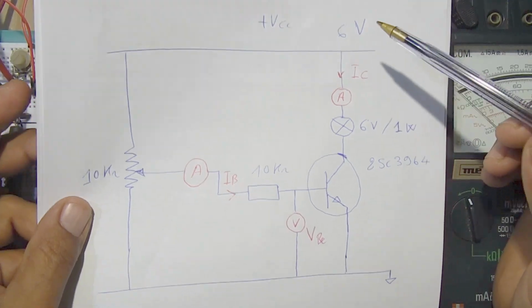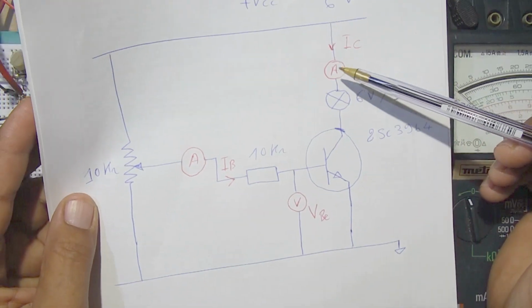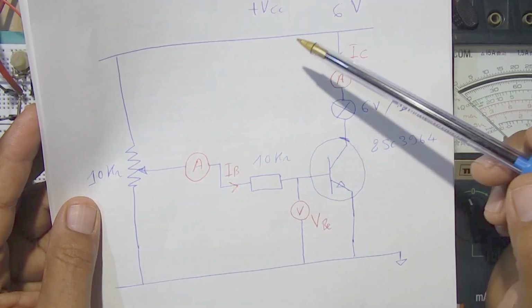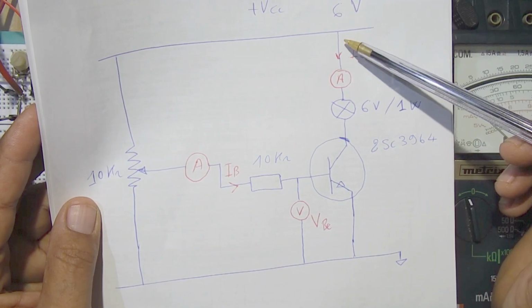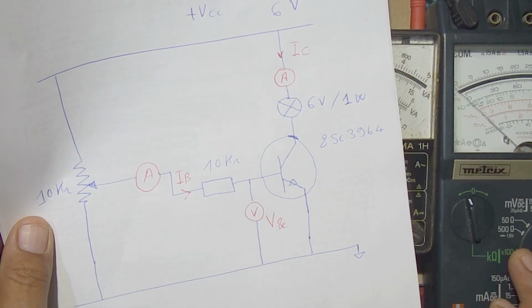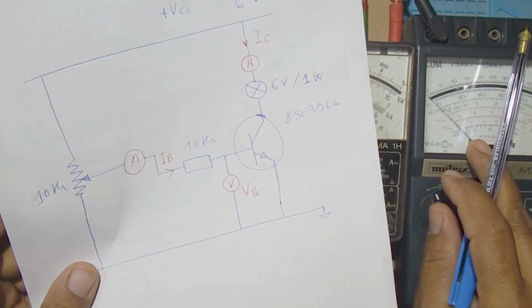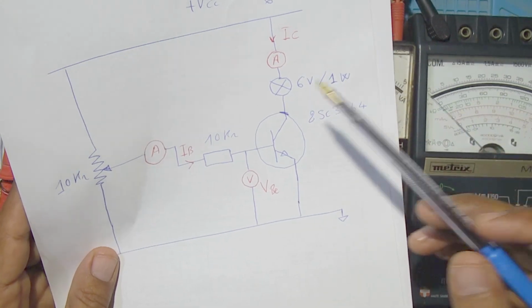To understand the relationship between the base current and the collector current, I made this circuit. Here we have the plus VCC 6 volt. It goes to the first ampere meter. This one will give us the collector current.